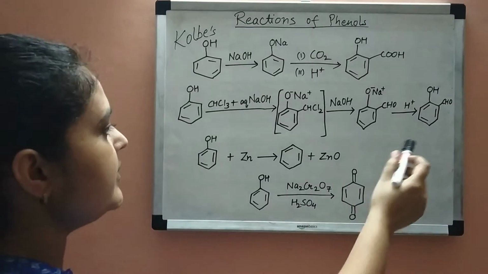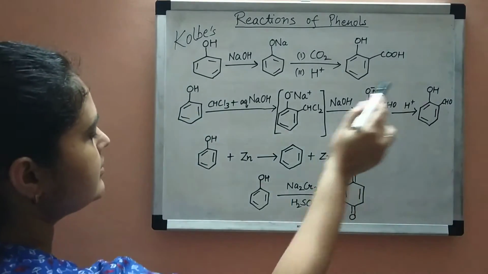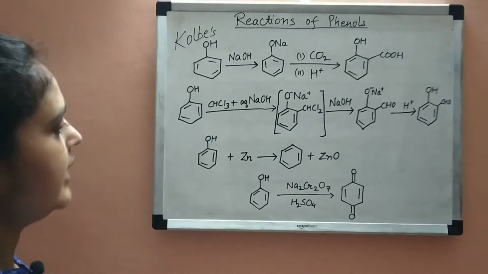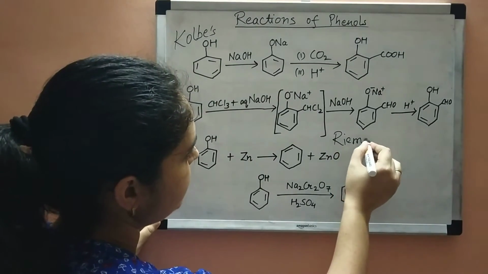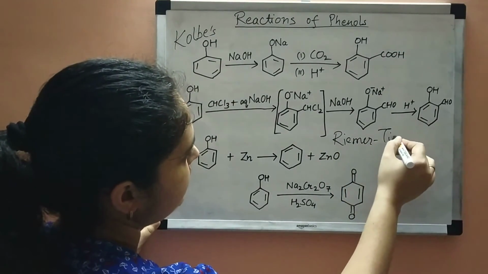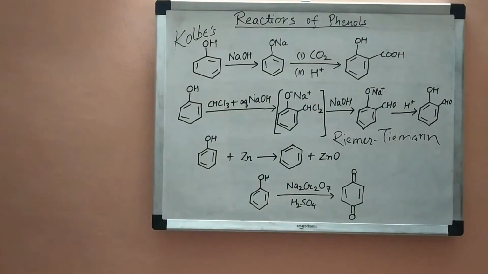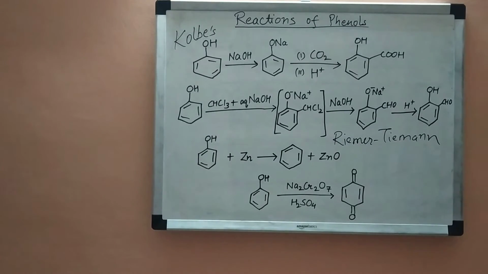So the common name is salicyl aldehyde. This whole reaction is known as the Reimer-Tiemann reaction. This is also a name reaction. So we have studied two name reactions of phenol.